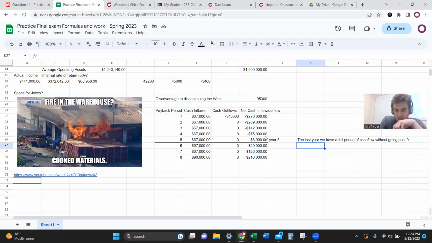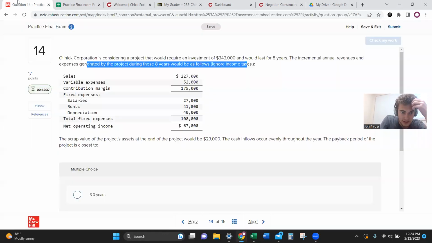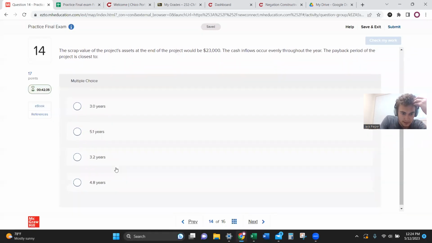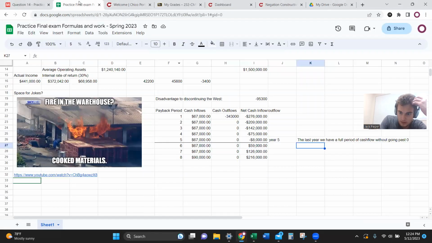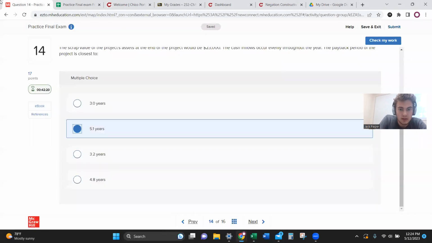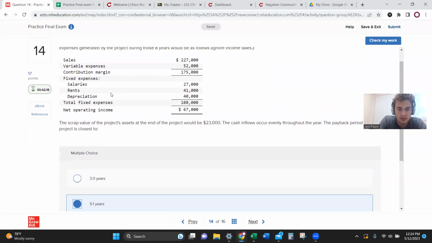So we know that our number can be greater than 5, right? And probably going to think it's 5.1. But if we wanted to check our work, we would do the difference. So we would do the remaining 8,000 divided by our annual cash inflow of 67,000.